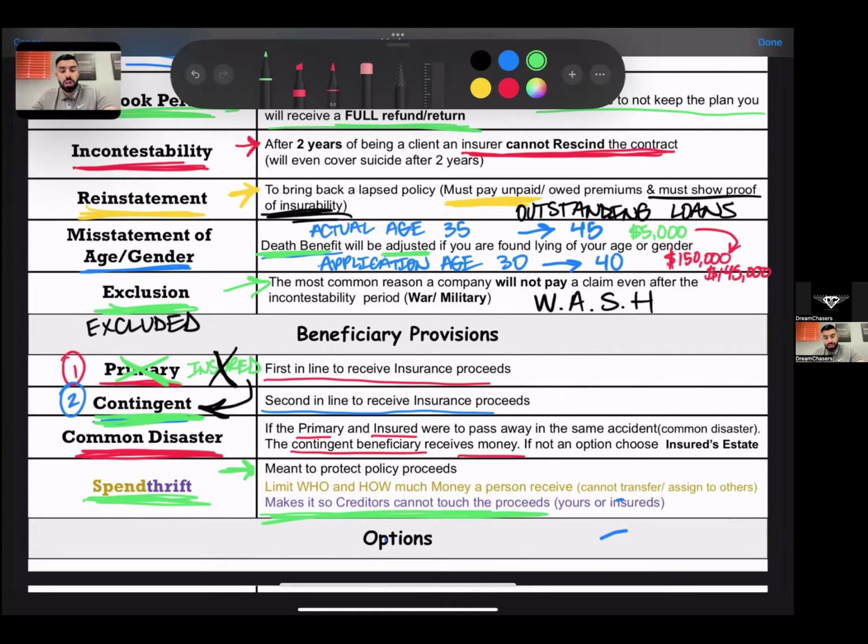This clause protects the wife and kids from Bank of America knocking on their door saying, "Hey, your husband owed us $100,000 in debt, right? We knew he had life insurance, so we need you to pay us our money from that life insurance policy." This spendthrift clause protects the family so that that does not happen. Okay, creditors cannot go knocking on your door.